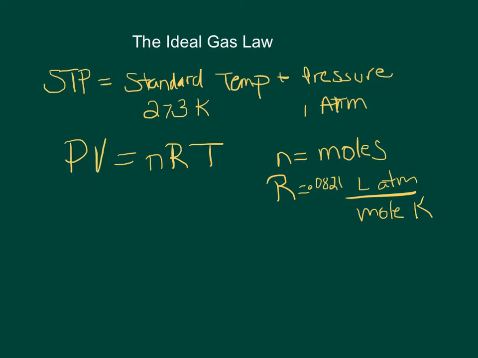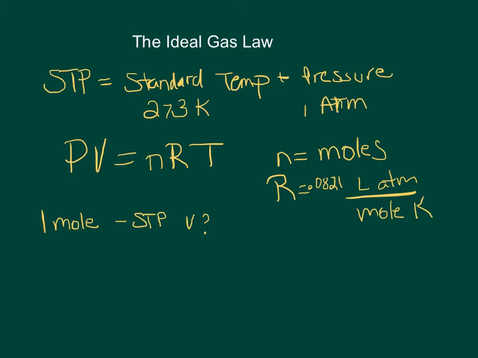Okay, let's see how this works. Let's say that I have 1 mole of any gas, it doesn't matter what gas it is, and it's at STP, and we want to know what volume it occupies.